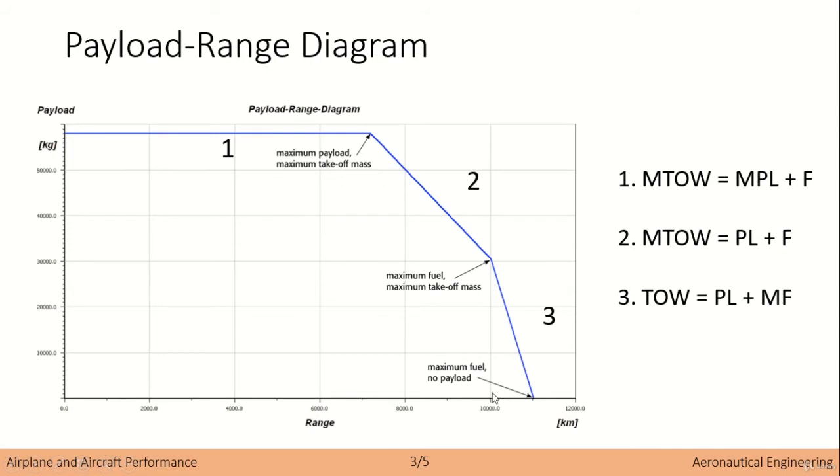Right, so first of all, in this part over here, what we have is maximum takeoff weight, which, as we defined before, is the maximum mass that an aircraft can carry at takeoff. So this is a design limit. When you have designed an aircraft, you have a specific maximum takeoff weight.